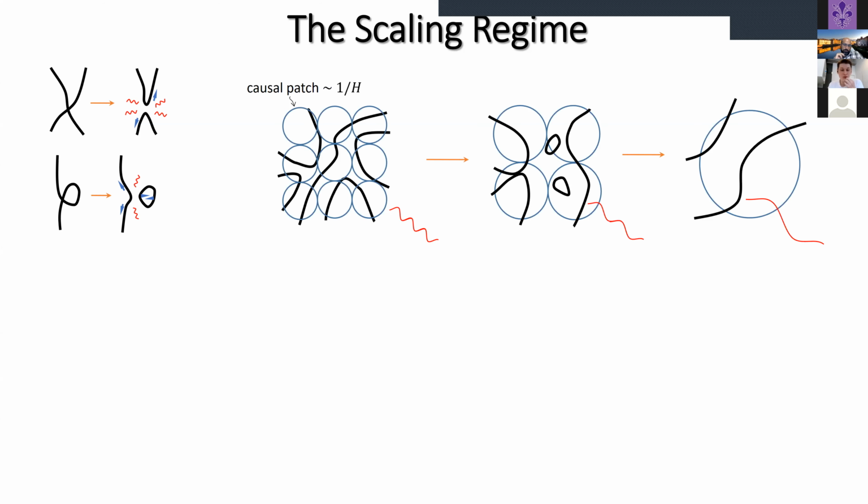Once formed, these strings enter a so-called scaling regime, which is defined to be a regime where there is an approximately constant number of strings per Hubble volume. And the reason is the following. As the Hubble parameter diminishes, the Hubble horizon grows, and the strings that were previously disconnected from each other enter into each other's horizon. As a result, they will have some dynamics, and they will start annihilating.